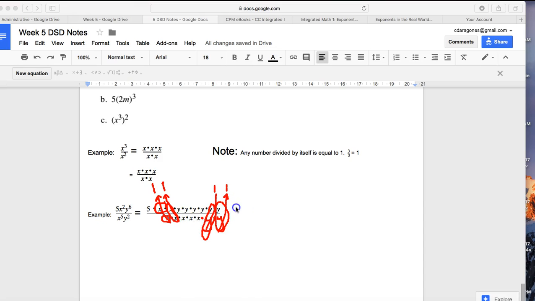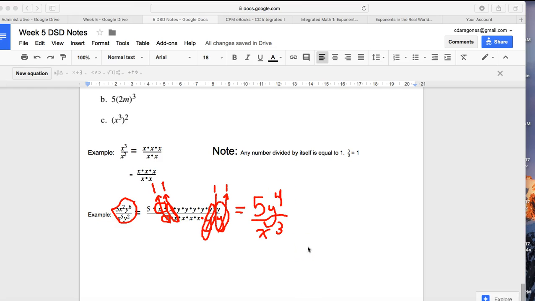And we can simplify this back to 5 times 1, 2, 3, 4 y's being multiplied by themselves, so y to the 4th, divided by 3 x's being multiplied by itself. So x times x times x is x cubed. So this complicated looking expression can be simplified to 5y to the 4th over x cubed.